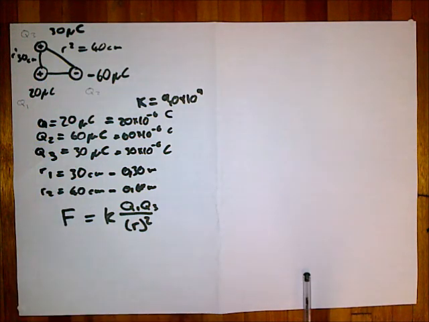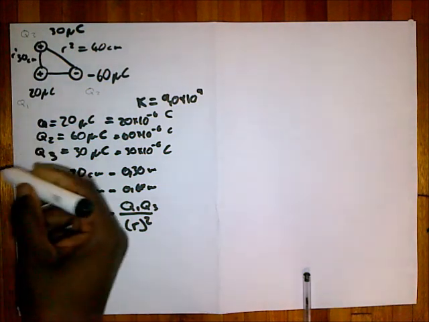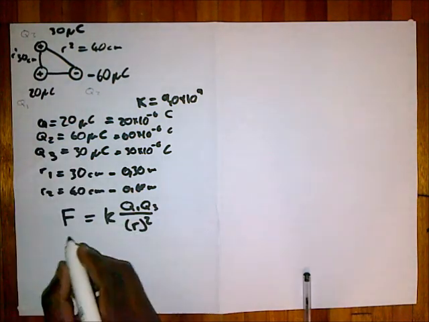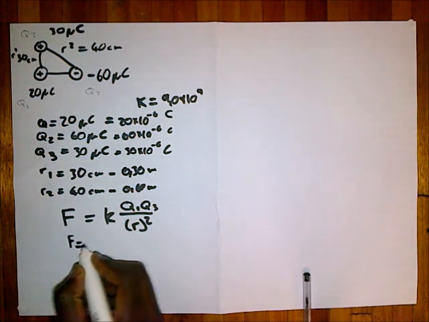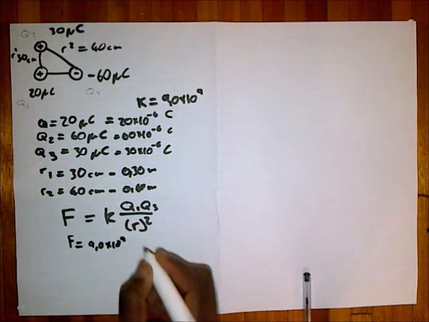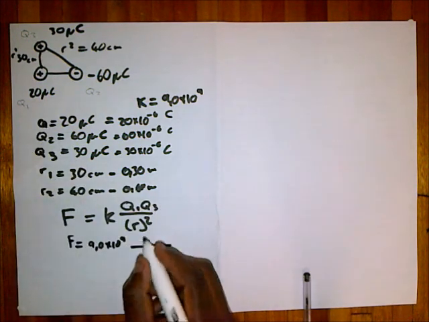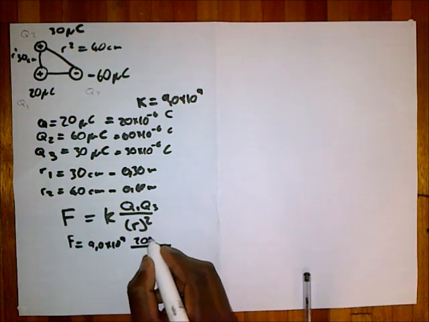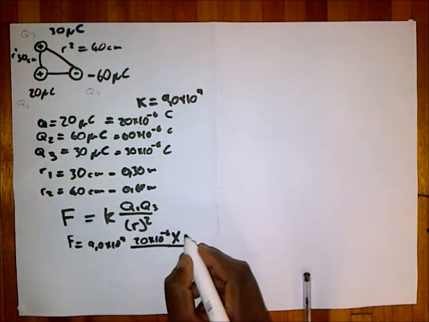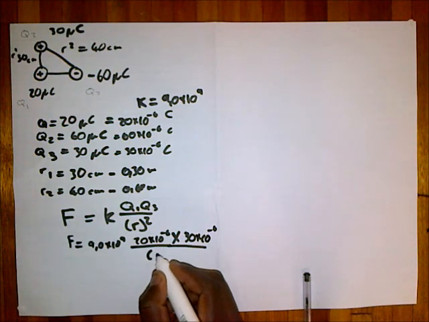First of all, we're going to work on the force between Q1 and Q3. So F equals K, the constant, 9.0 times 10 to the 9, times Q1, which is 20 times 10 to the negative 6, times Q3, which is 30 times 10 to the negative 6, over the distance squared.